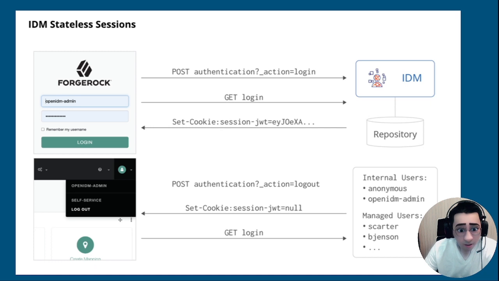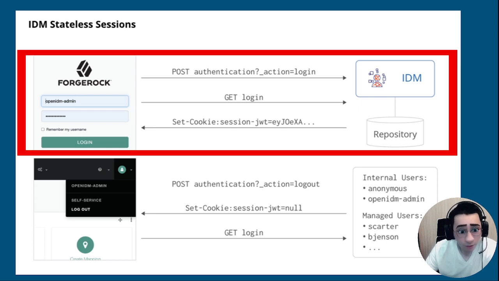This line is trying to say what happens when the user selects login and logout from the IDM admin UI or end user UI. This includes internal users and managed users. So the first one, when the user selects login, a post authentication ?_action=logout request is sent to IDM to ensure the anonymous user session is cleared.